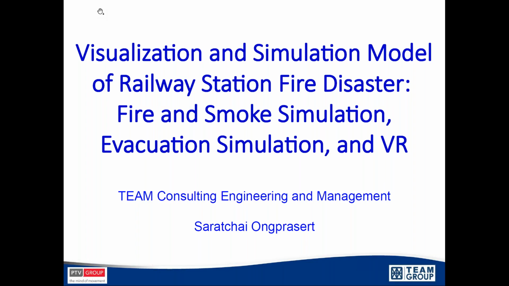For example, we already know that staircase number 1 will be closed because of the fire, something like that. Or in this room, the evacuation route would change later. So we can do it manually, with a number of simulations you have to do first.